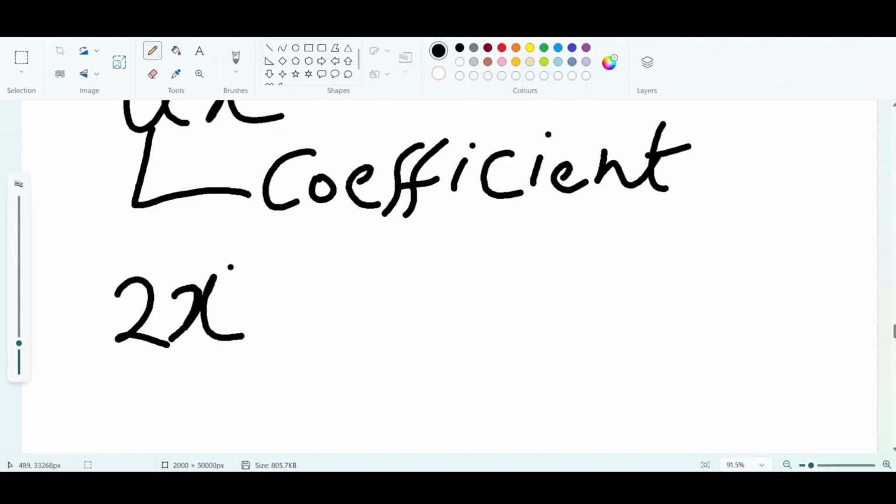Even if we write x like this, the coefficient is 1 here, and the power is 1 here, which means the coefficient of that x is 1, and the power is also 1.